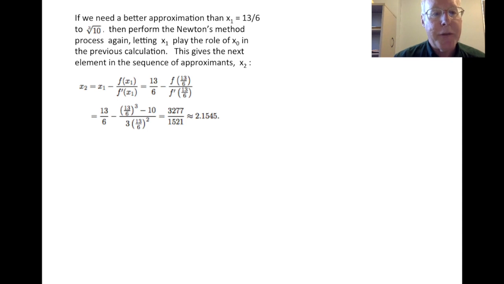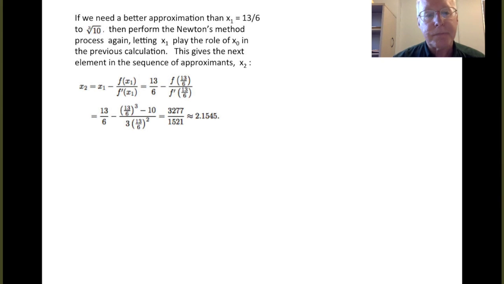Again, here's the Newton's method update from input x0 to input x1, right there. x2 is x1 minus f at x1 over f prime at x1. And since x1 is 13/6 by our previous calculation, it leads to this result down here and a value now of about 2.1545. Again, I just used a calculator to do all these calculations down here.